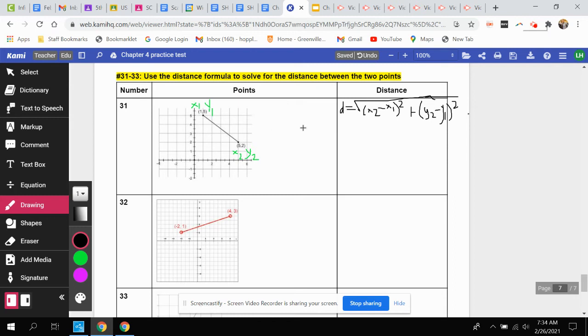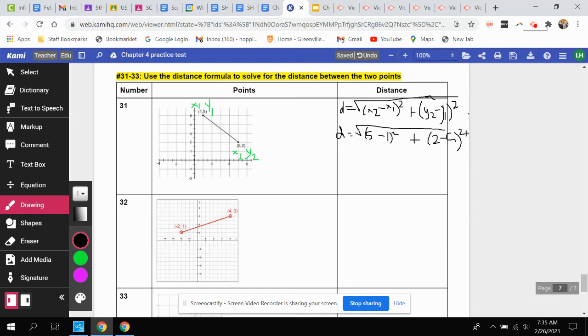Now when I have this equation, I'm simply plugging in the numbers that I found and solving. So I have D equals the square root. Now my x2 value is 5 minus my x1 value, which is 1, squared, plus my y2 value, which is 2, minus my y1 value, which is 5.